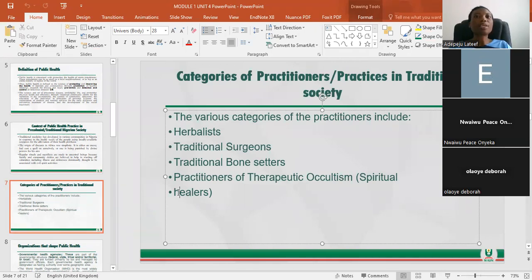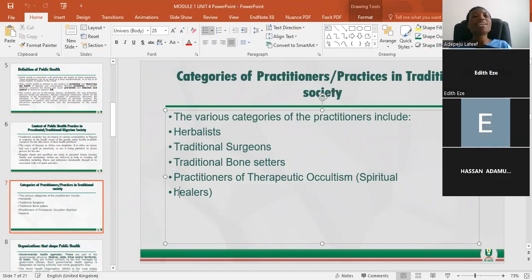And an example of an herbalist is what? Native doctors. Yes, native doctors, and the traditional birth attendants.